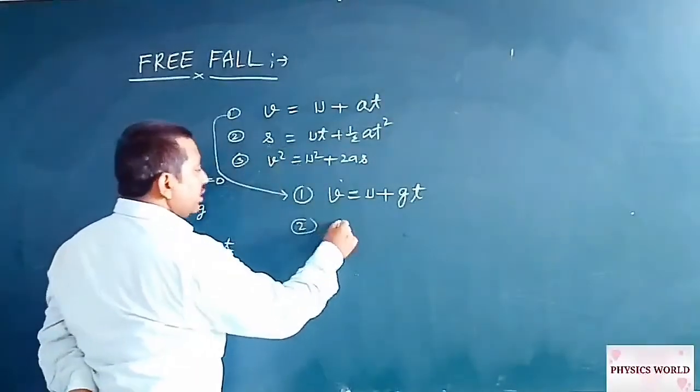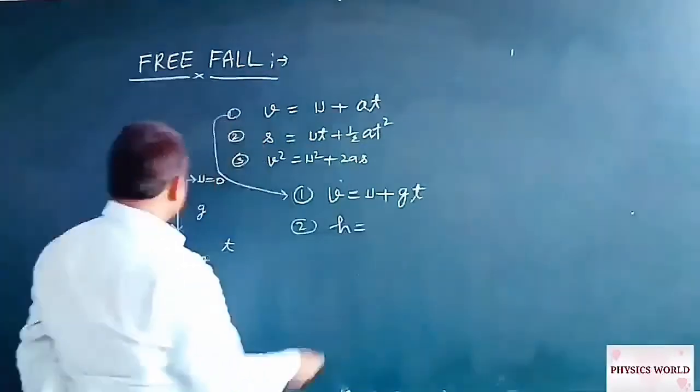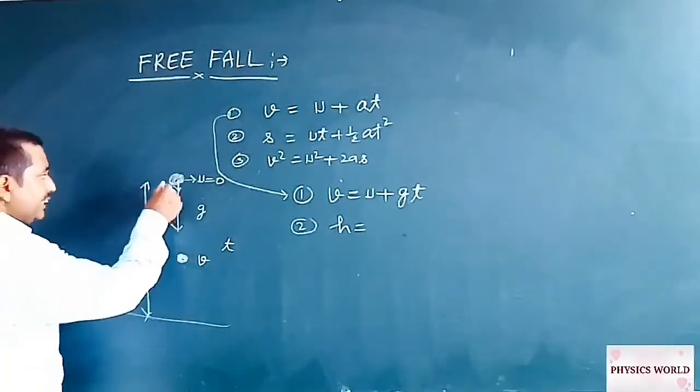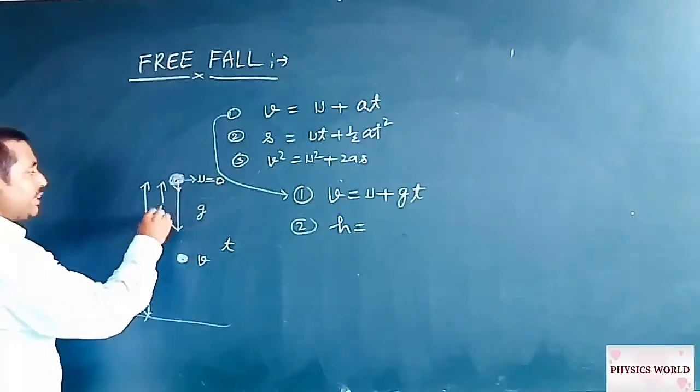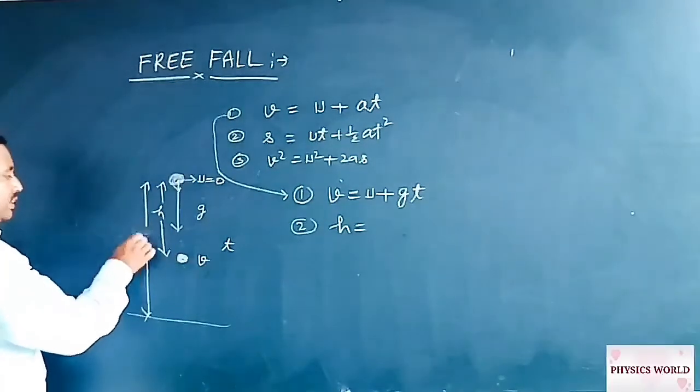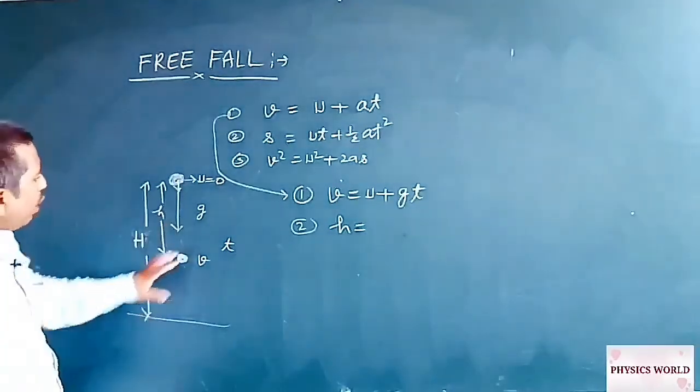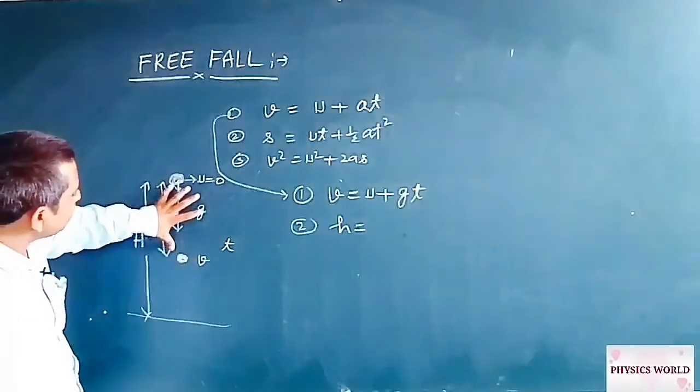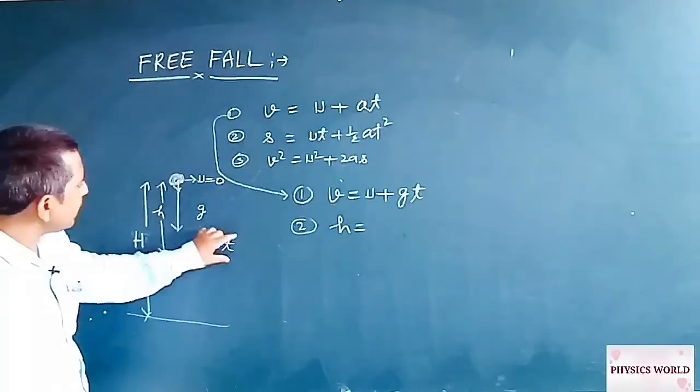Similarly, for the second equation, the height or depth which the ball or object falls during time t is small h, and the total height is capital S, suppose.